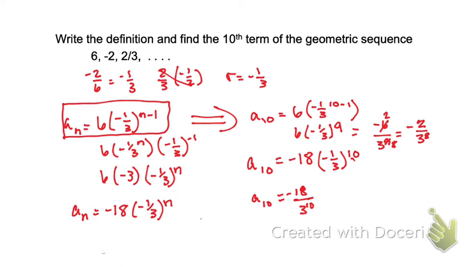Should only have 2. Why did you show me 3? Because I had 9 and I was thinking 3. Okay, so I have 2 of them. So this turns to an 8 and this turns to a 2. So I get negative 2 over 3 to the 8th. Did I get the same answer? Yes.